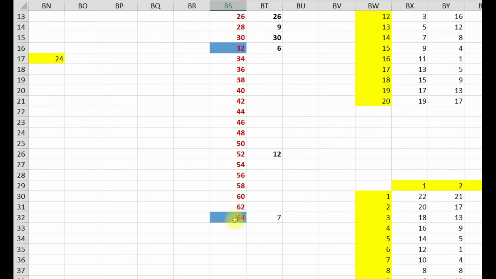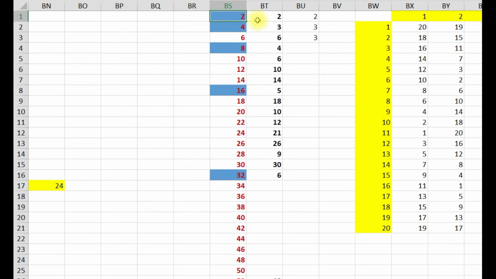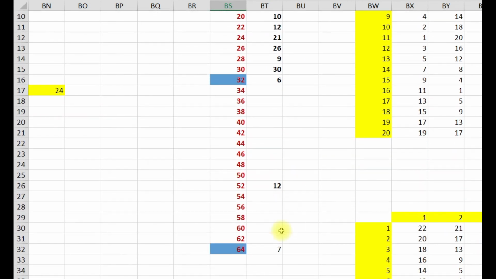This is 2 to the power 6, which is 64. And we notice that for the powers of 2, my empirical formula, if it's 2 to the power n, we need n plus 1 iterations. So for 2, we need 2 cycles. For 4, we need 3. For 8, we need 4. For 16, we need 5. For 32, we need 6. For 64, we need 7.